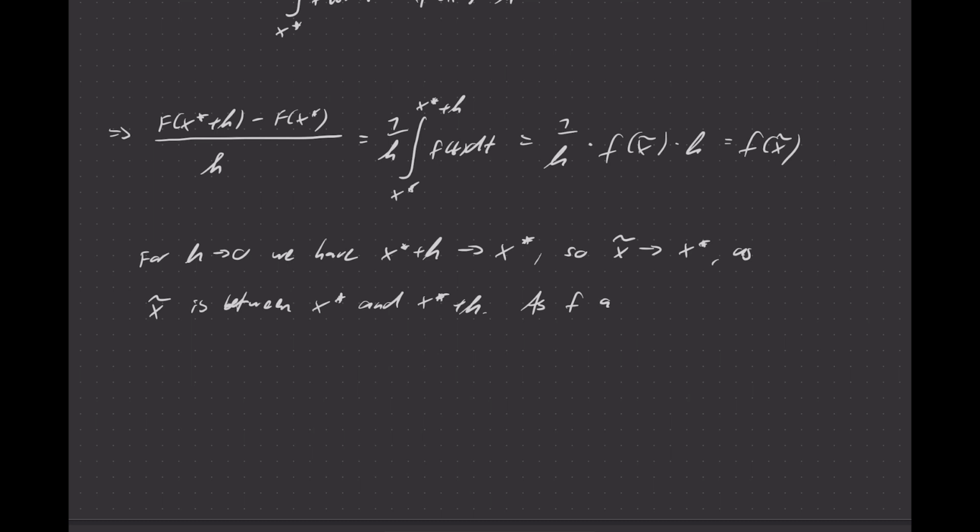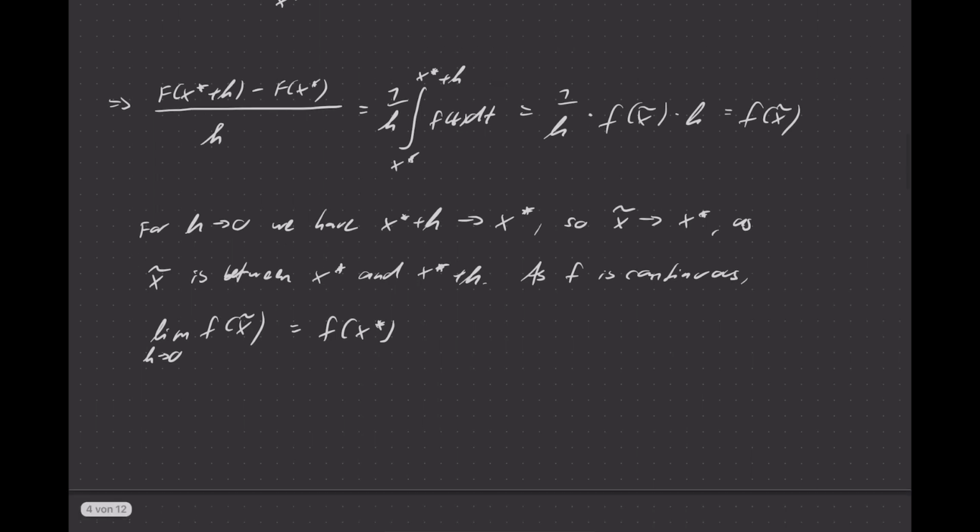So as f is continuous, the limit of f of x tilde for h to 0, and remember x tilde depends on h, so that is why this limit makes sense, is exactly equal to the function value at the limit of x tilde, and that is x star. So this is going to be f of x star.